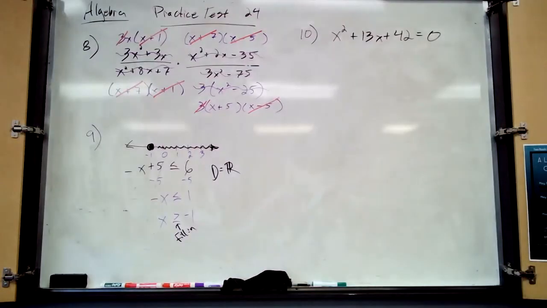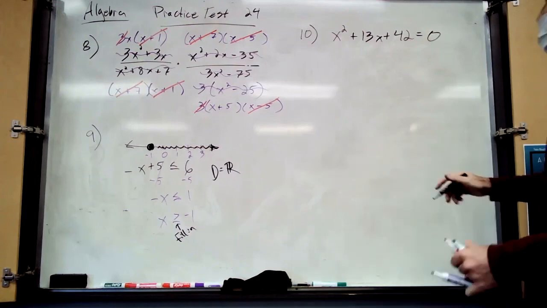Because the first step to solving by factoring is to get everything on one side equal to 0. Okay? And make sure that x squared is positive. So put it on the side where x squared is going to be positive. Well, x squared is positive on the left, so put everything on the left side and then 0 on the other. Okay? So do you see what I did? I brought that negative 42 over and it becomes a positive 42.